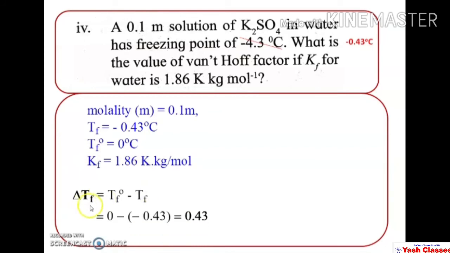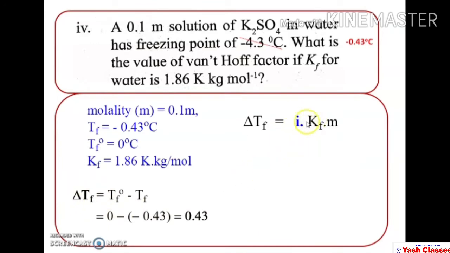Now the formula is delta TF, the depression in freezing point, equal to TF0 minus TF. Actually TF0 is the freezing point of solvent, which is greater than the freezing point of solution, TF. So freezing point of water, 0, minus freezing point of solution, minus 0.43. When we calculate this, we get 0.43. So this is delta TF, the depression in freezing point.